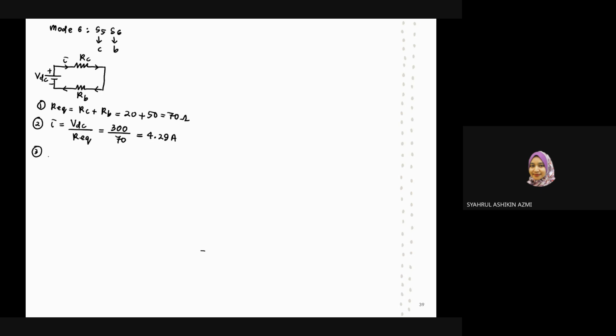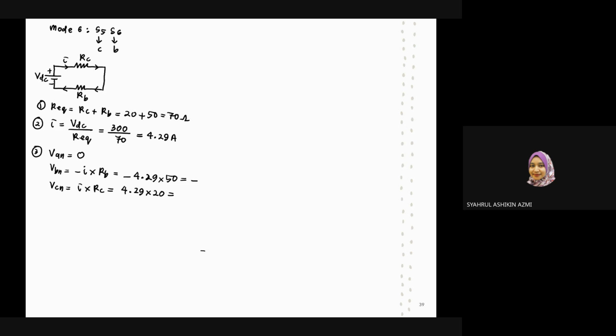So step number 3, find the phase voltage. VAN will be equals to 0. VBN will be equals to negative I multiplied with RB. So negative 4.29 multiplied with RB. Our RB is 50. So what do you get here for VBN?